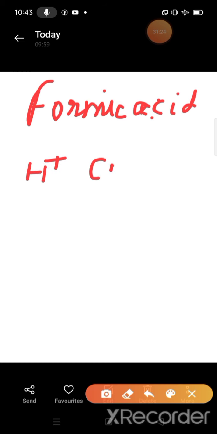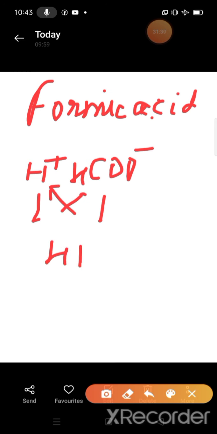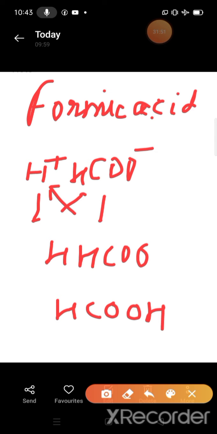Now if you write the formula HCOO H, how does it look? So it is written as HCOOH. These are the nomenclature and formulas of acids. So we have completed the topic of molecular formula formation.